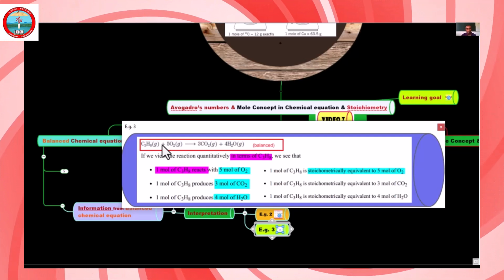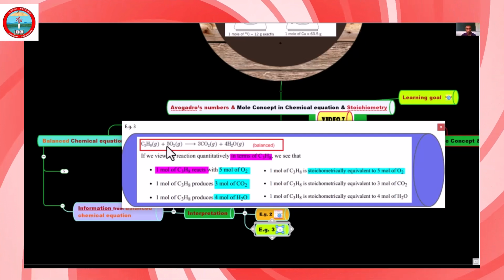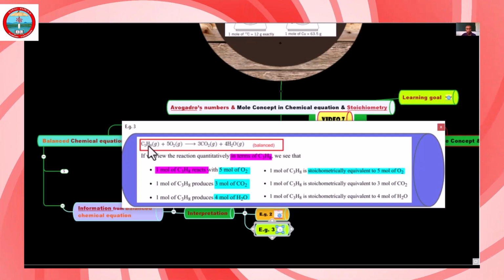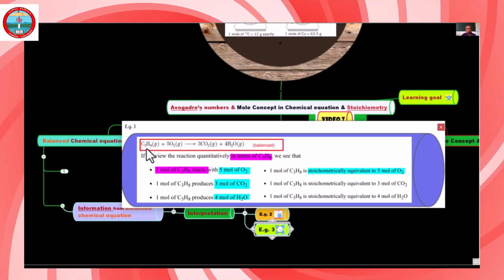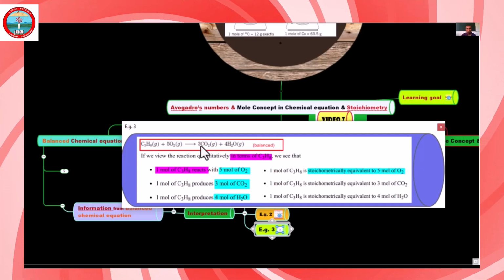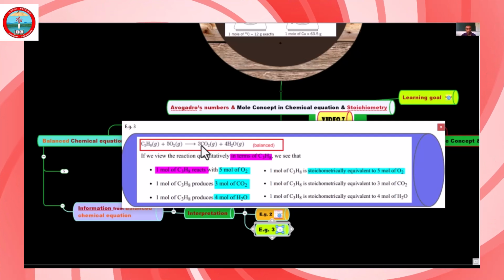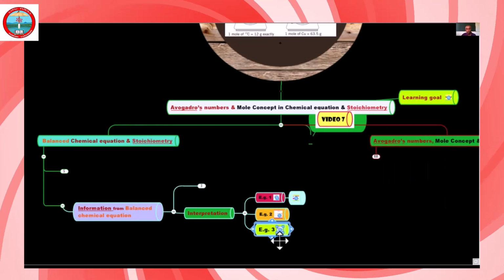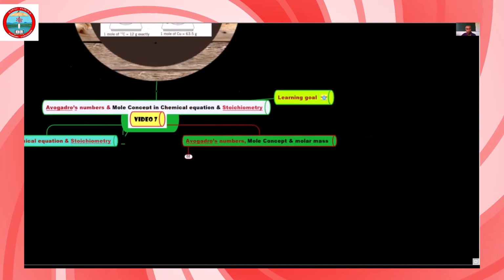Or in another way, 1 mole of propane is stoichiometrically equivalent to 5 moles of oxygen. Relating propane with the product, 1 mole of propane will produce 3 moles of carbon dioxide, or 1 mole of propane is stoichiometrically equivalent to 3 moles of carbon dioxide, and you can say similarly for the water produced. This is all about what stoichiometry is and what information we can obtain from the balanced chemical equation.